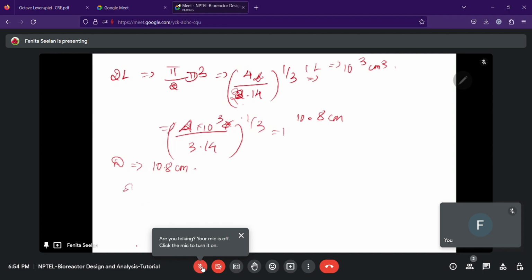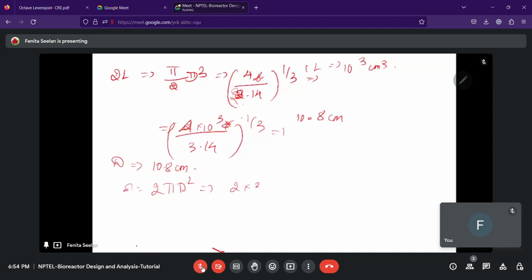So S would be pi d, 2 pi d square, right? So it would have become 2 into 3.14 into 10.8 whole square. What it would become.